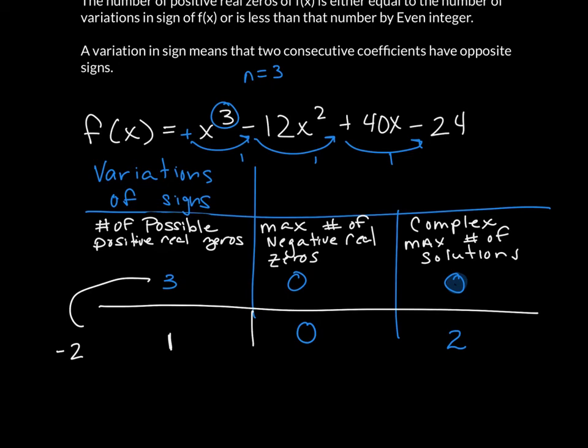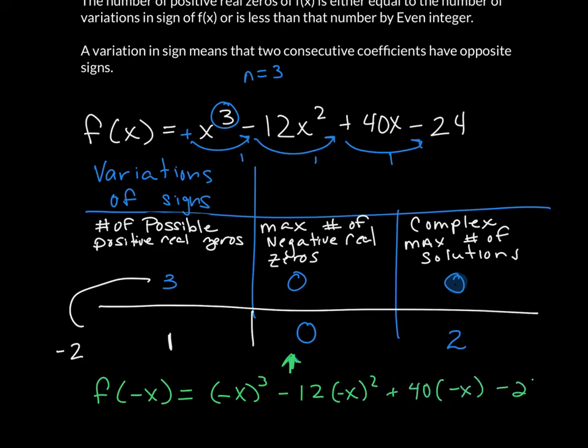Now, how did I know that the maximum number of negative solutions stayed as 0? There is this additional rule. If I plug in negative x to my original function, that would be negative x to the third minus 12 times negative x squared plus 40 times negative x minus 24.